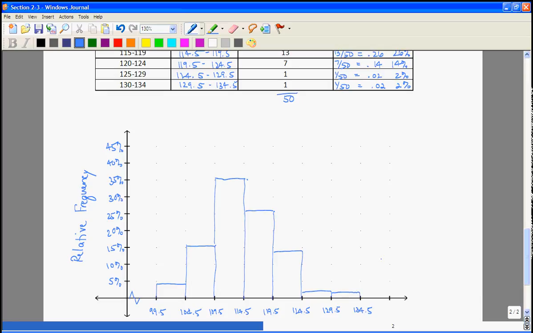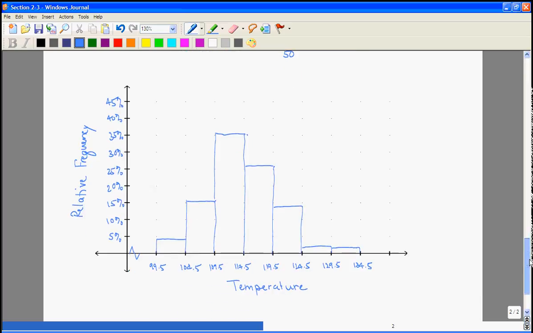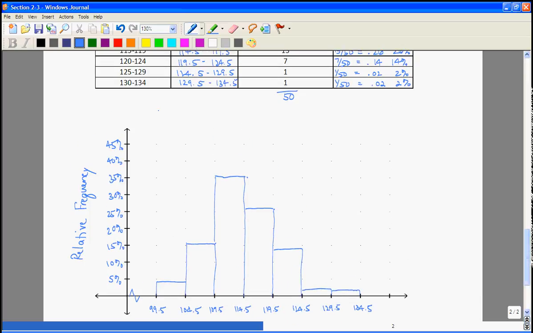Okay. So, even though this is a relative frequency histogram, oh, and we need a title before we talk about that. Record high temperatures of the 50 states. Okay, so this is the relative frequency histogram.